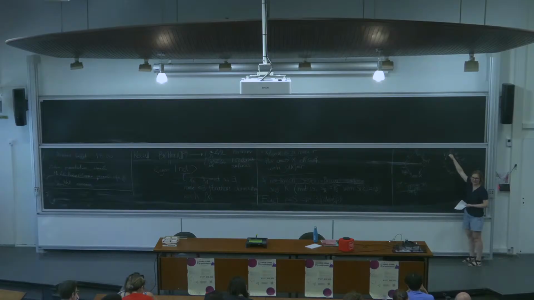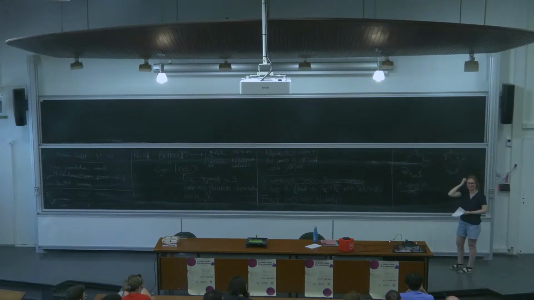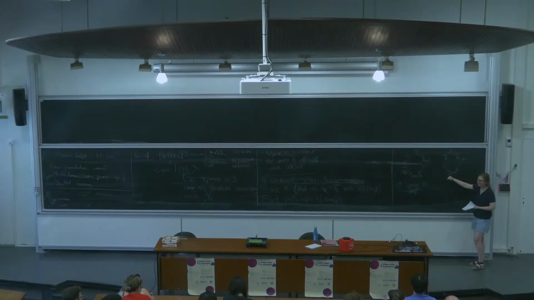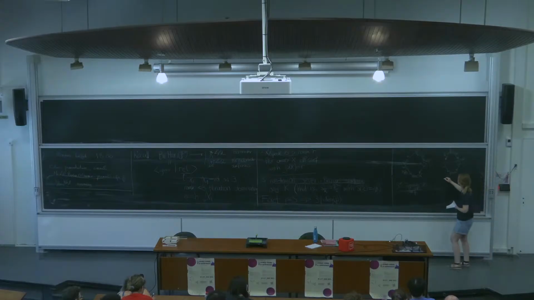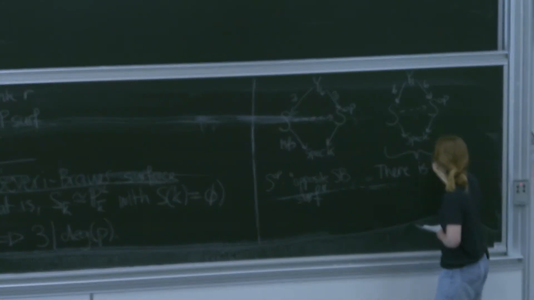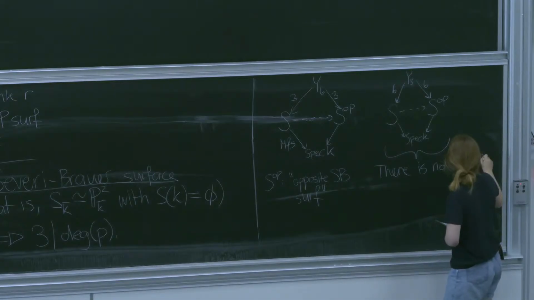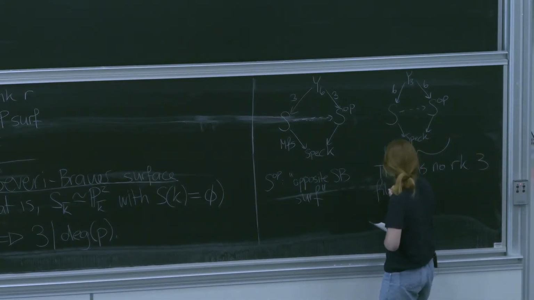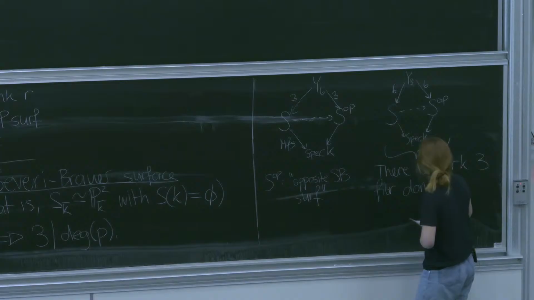But then again, we are not del Pezzo anymore. Because here we have a cubic surface, I can't blow up a point of degree 3 and still be del Pezzo. This means that this link is not involved in any rank 3 fibration. So here, there is no rank 3 fibration dominating.